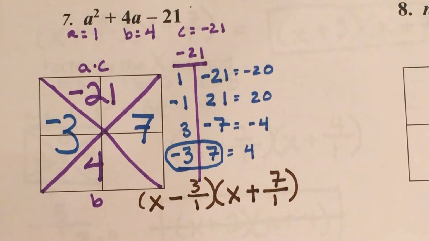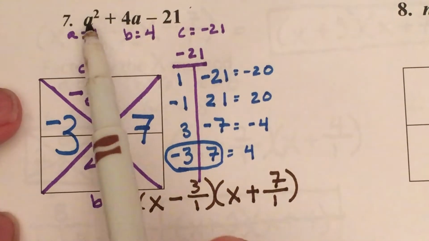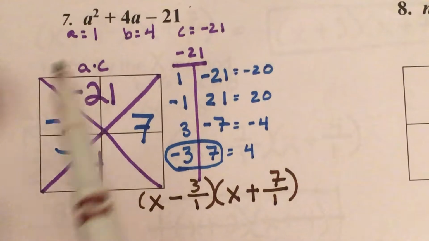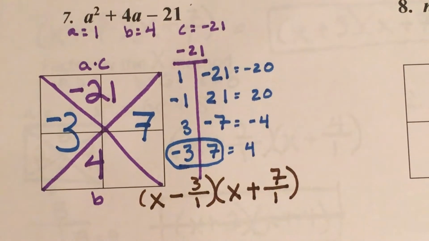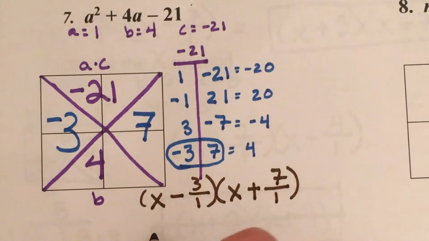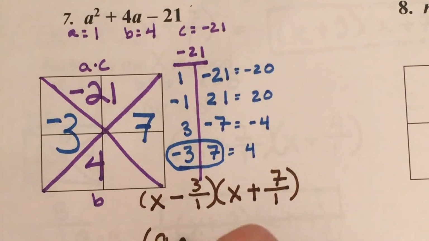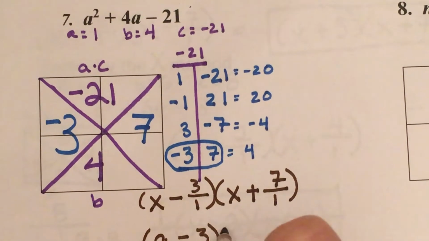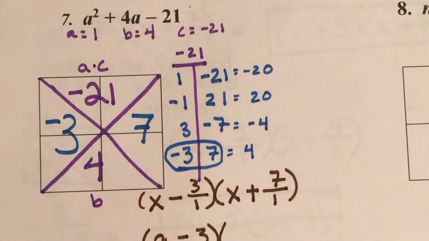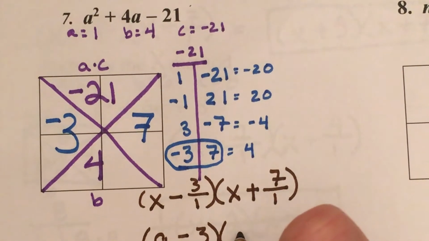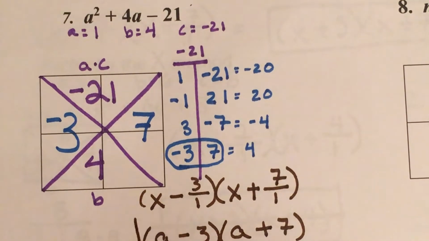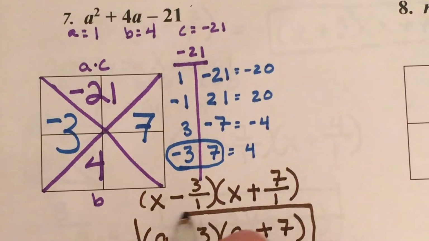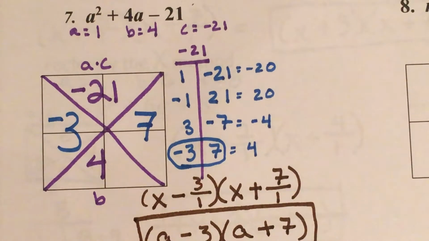And you might say, wait, the variable in our original problem was the letter A. And I'd say, oh yeah, autopilot. You got me. So easy, quick fix. A minus 3, because I am reducing and simplifying my fraction, times A plus 7. And there we go. That's pretty great.